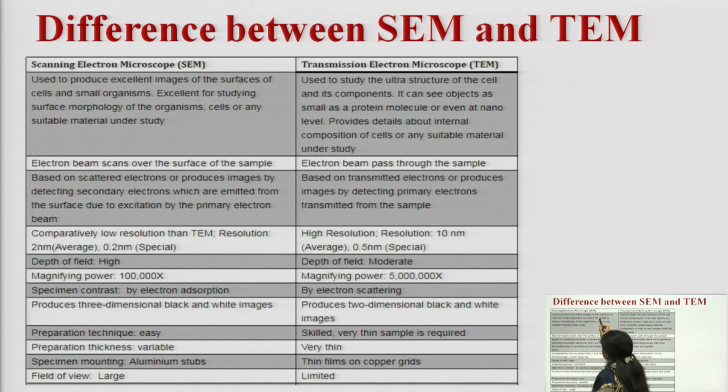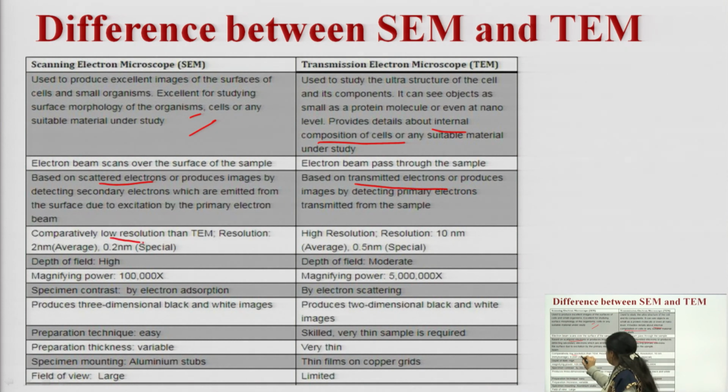Scanning electron microscope is excellent, but it only gives the surface morphology of organisms, whereas transmission electron microscopes will provide the internal composition of the cells. SEM is based on scattered electrons, whereas TEM is based on transmitted electrons.